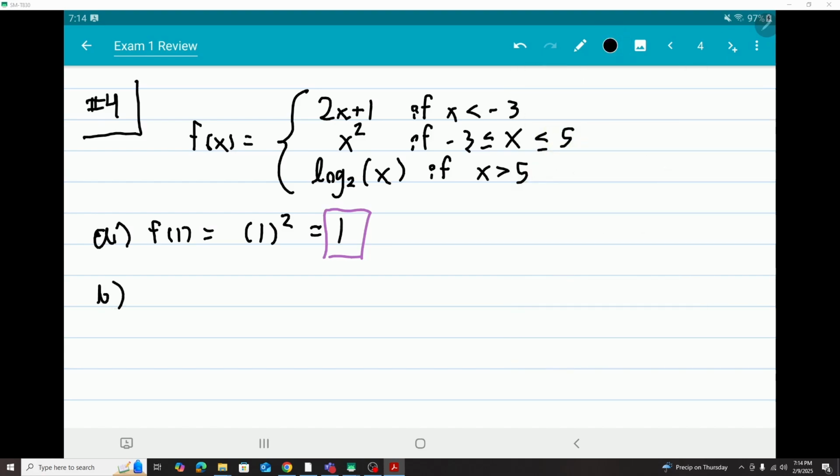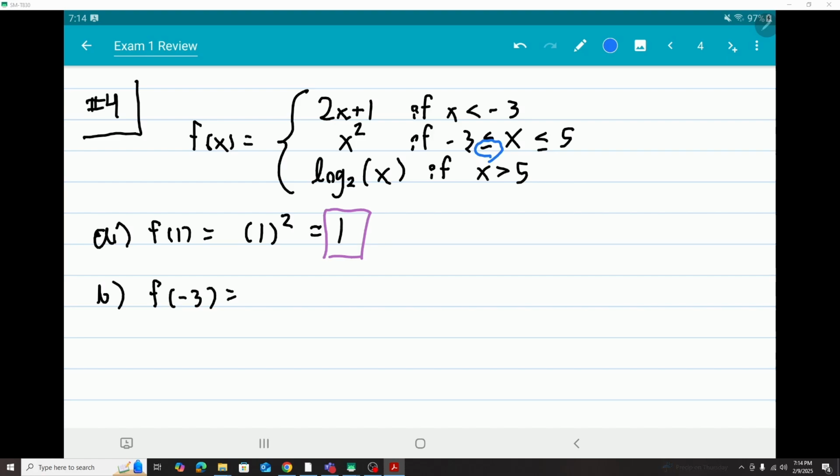B asks us for f of minus 3. And so here's a place where it might get easy to be tripped up. Both of these equations have minus 3 in them, so I need to figure out a way to pick. And the way that I do that is I always pick the one that has the or equal to sign on it.